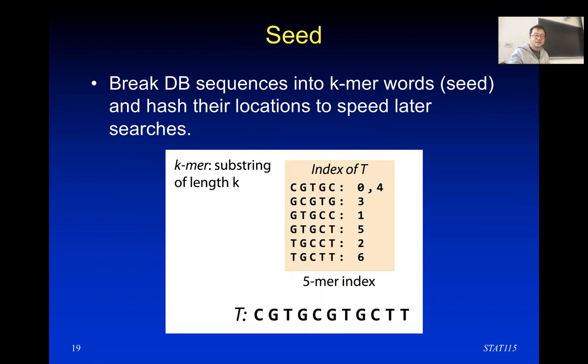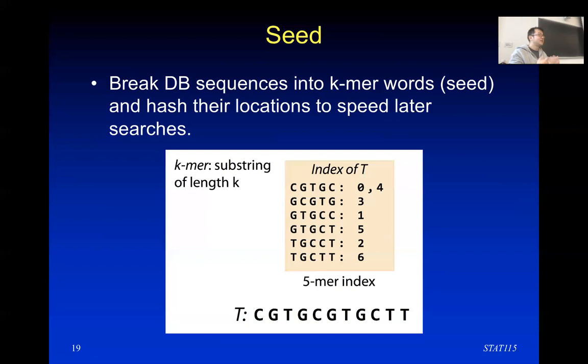Like for this CGTGC, it can start from position 0 and position 4. So when we compare the read against the genome, if we see a CGTGC in the read, we will know it is likely to come from position 0 or position 4 on the human genome.